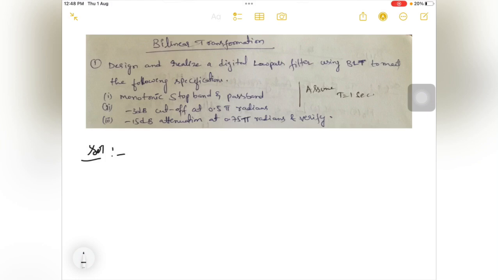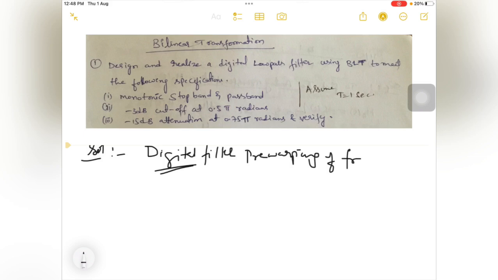We are doing the design of digital filter. When we want to design any digital filter, we should do pre-warping of frequencies, especially in case of bilinear transformation method.